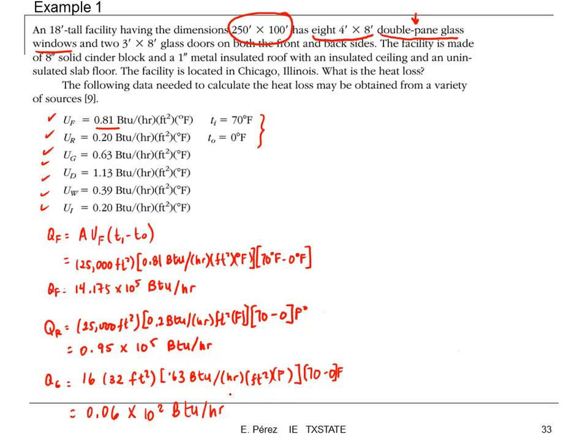Okay, so let me give you a hand here. So you have QD. We have the area times the factor times the difference in temperature.